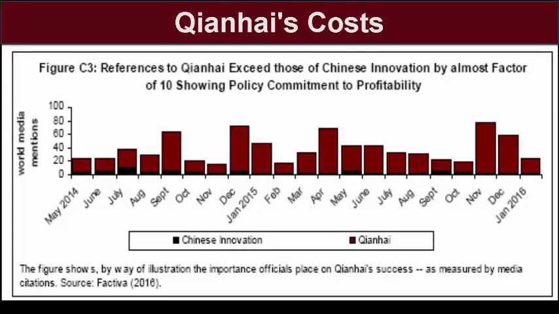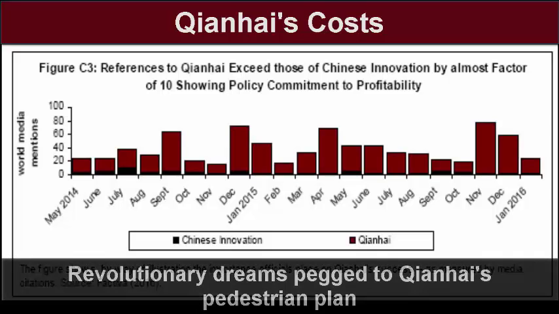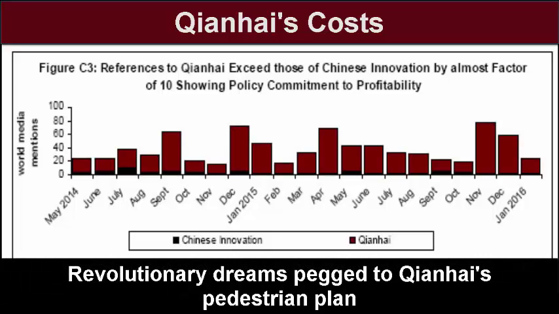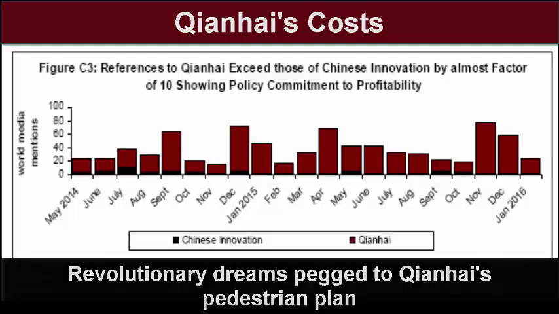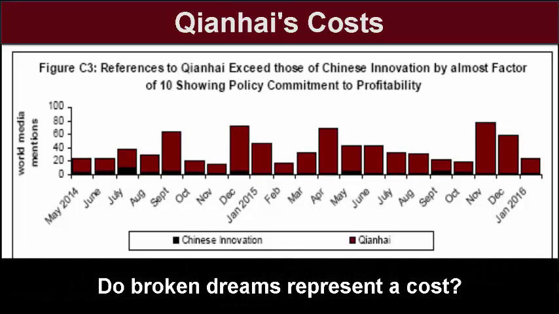If economic planners see a bright future in Qianhai, then outside observers similarly forecast this bright future. The figure we see in front of us shows world media mentions of Qianhai as opposed to Chinese innovation in general. As most of you know, China's innovation has been much discussed in recent years, and the common consensus developing is that China is starting to develop its own innovation system.